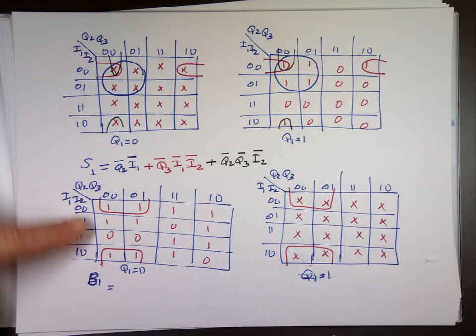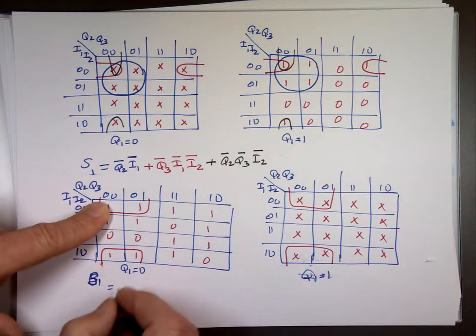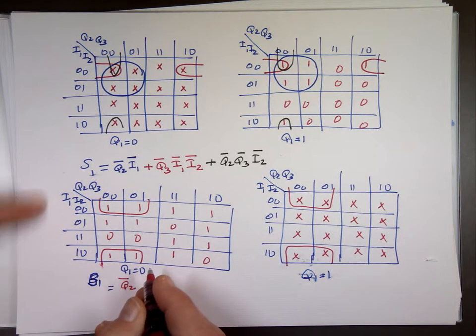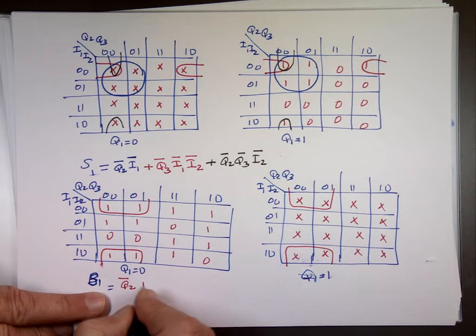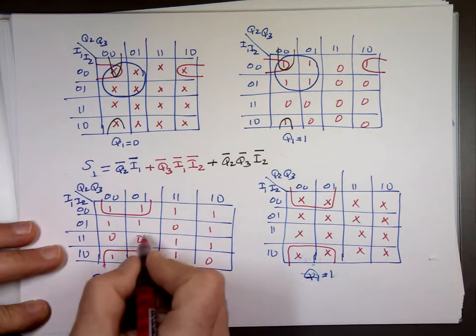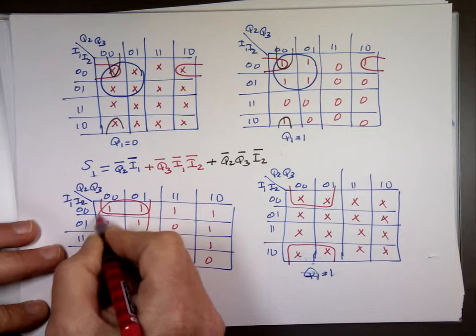What do we have? Q2 not. Q3 is gone. I2 not, is it? Not a nice one here. I can also take these 4 1s, right?